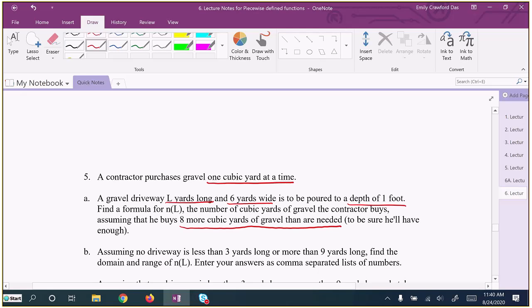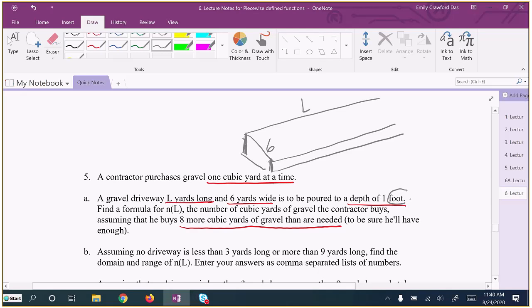Okay, that's kind of a lot of information, but let's think about our driveway. So here's someone's driveway, and the problem tells us we're going to have depth here as well. What is the depth? The depth is 1 foot. The width is 6 yards, and the length is L yards.